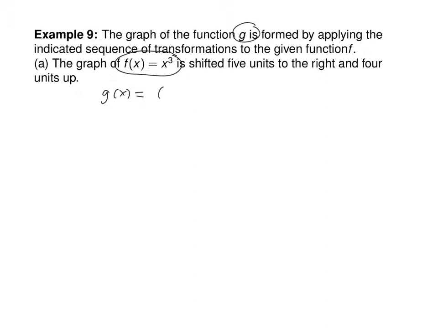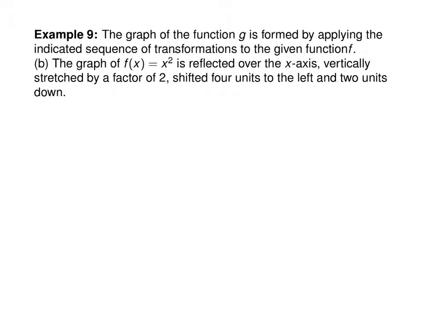There'd be something inside the parentheses and something outside the parentheses, right? Inside would be minus 5, 5 units to the right. And then 4 units up would be plus 4.